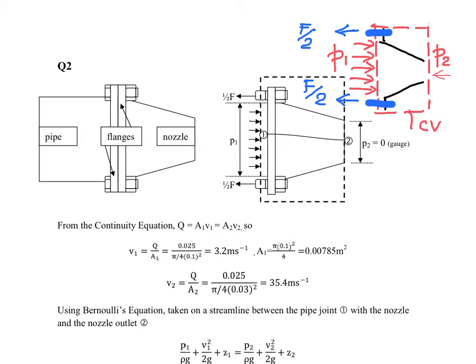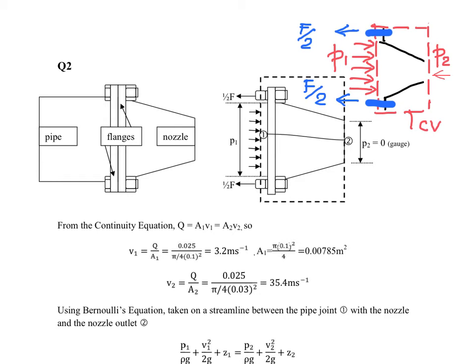We can calculate using the volumetric flow rate, 0.025 cubic meters per second, divided by the area at the pipe. This is done separately here to illustrate, and we get the velocity at the nozzle inlet or the pipe outlet as 3.2 meters per second.